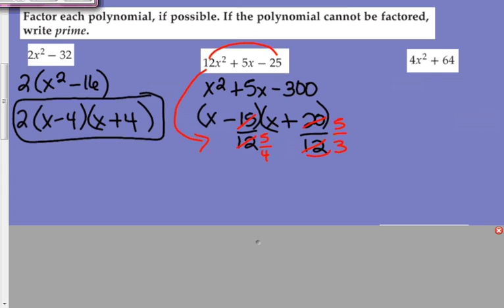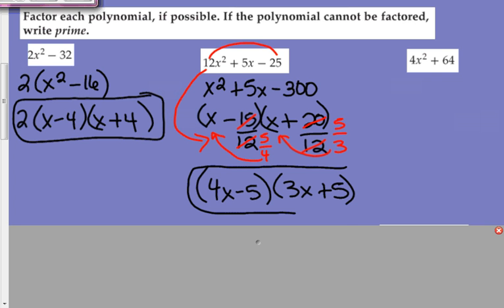And now we have to take our denominator and put it in front of the x in each binomial. So we'll end up with 4x minus 5 and 3x plus 5. And now it's factored. That one was a tough one.